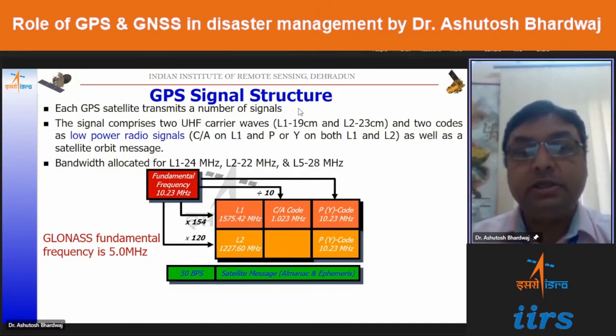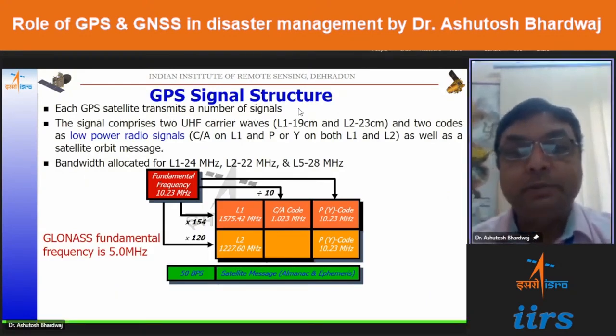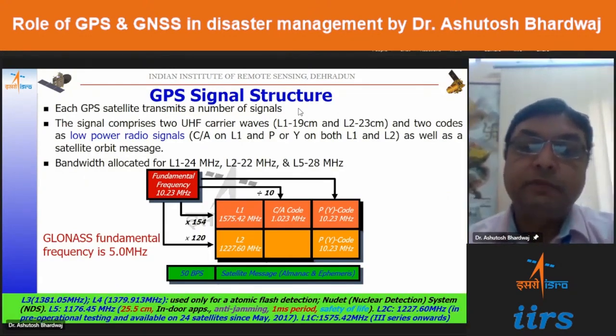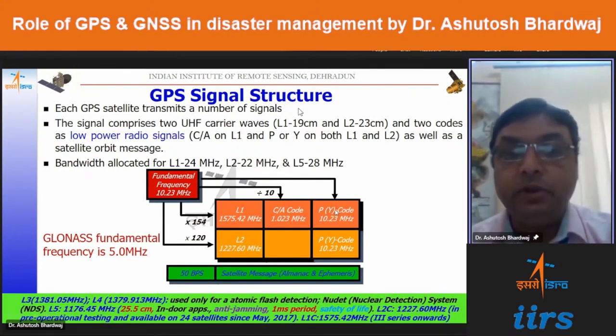Now the GPS signal structure has some code solutions which are provided by the C/A code and the P code.